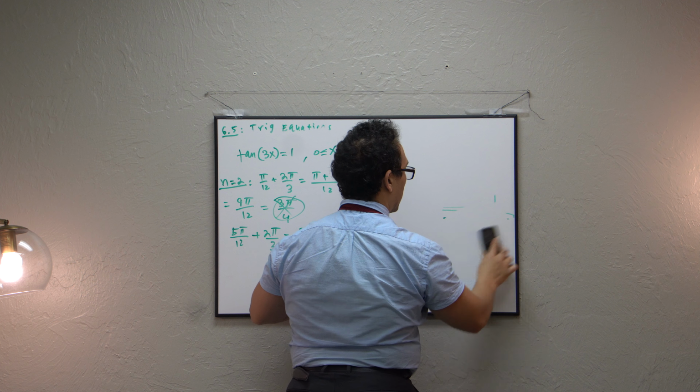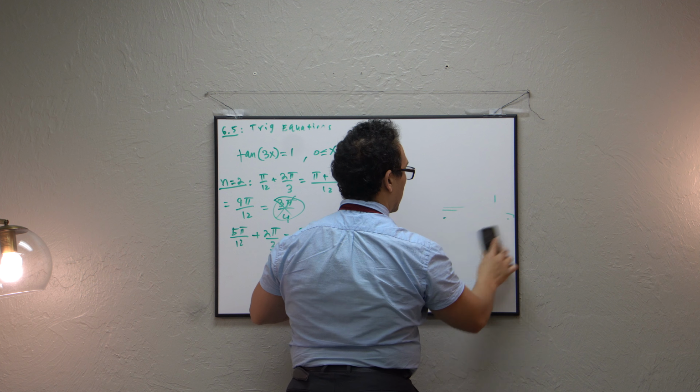We have this 5 pi all over 12. We add it to 3 pi over 3. And it's the same thing as adding a pi, okay, because the 3's cancel. So I multiply top and bottom by a fancy number 1, which is 4. So 4 times 3 is 12. So this is 5 pi plus 12 pi all over 12.